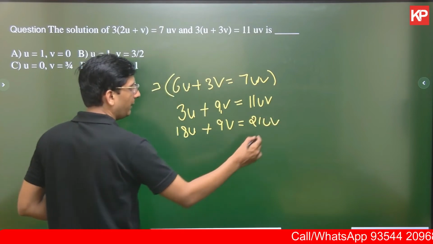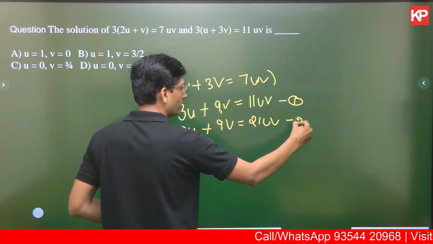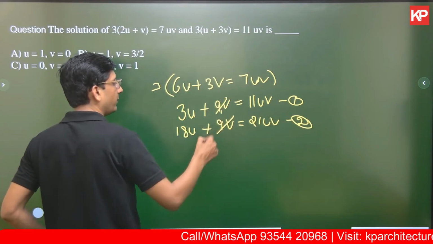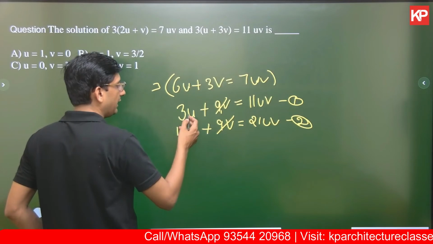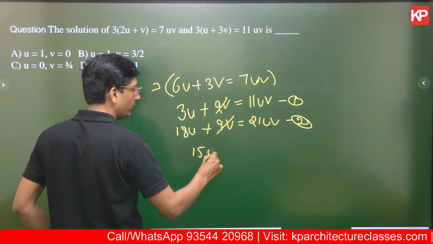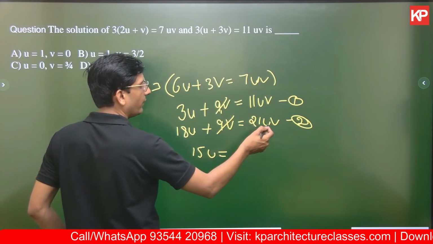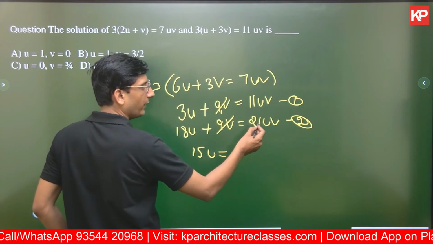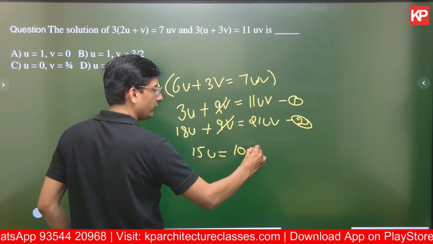Now if I'm naming this as 1, this is 2, so subtract 1 from 2. So subtracting 1 from 2, plus 9v minus 9v got cancelled. 18 minus 3 is 15u is equals to 21 minus 11, that is 10uv.